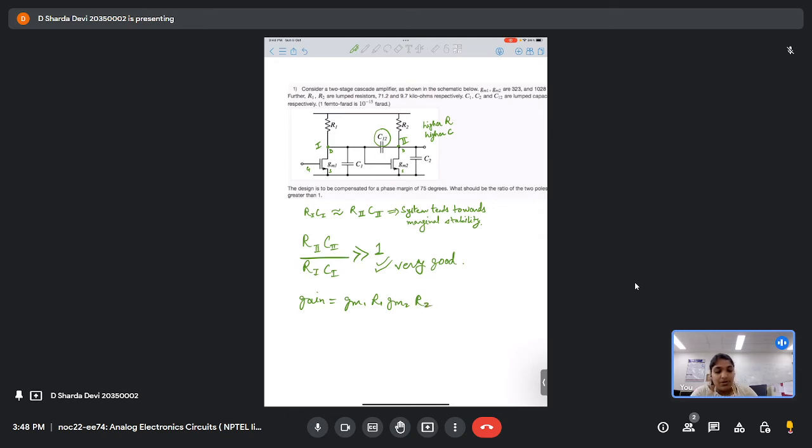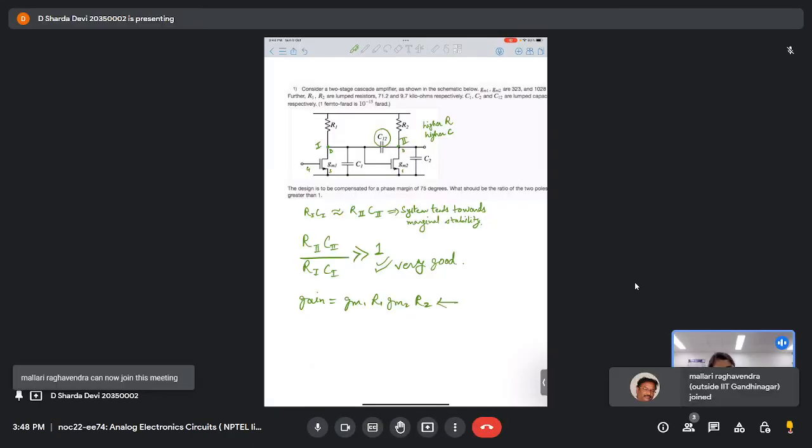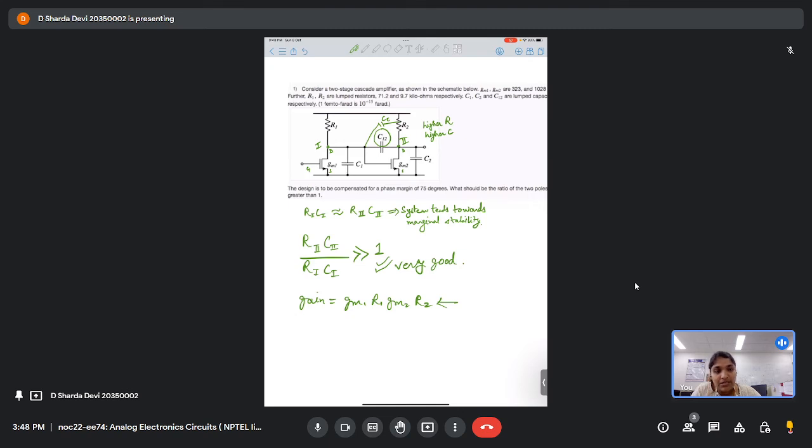So if we try to reduce the resistances or play with the resistances, our gain will be affected. So what else can we do? We can play with the capacitances in this region. To make these poles far apart, we can add another capacitance. We call it a compensation capacitance.